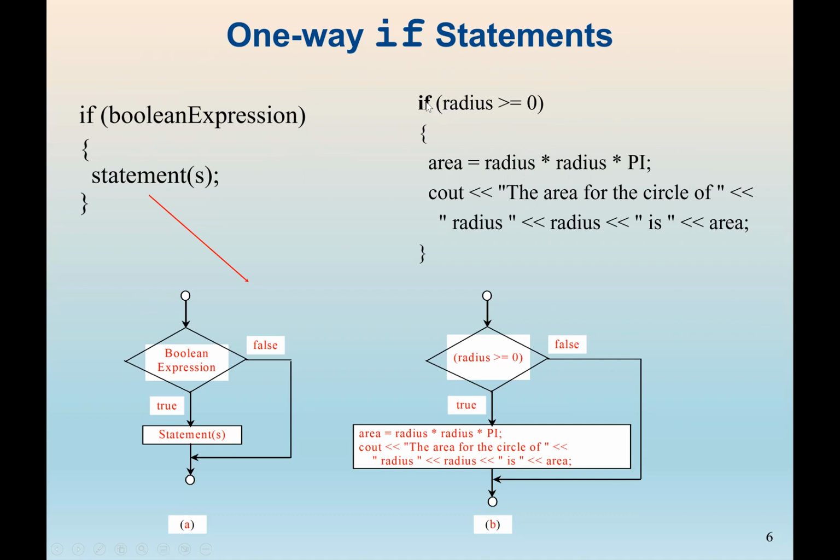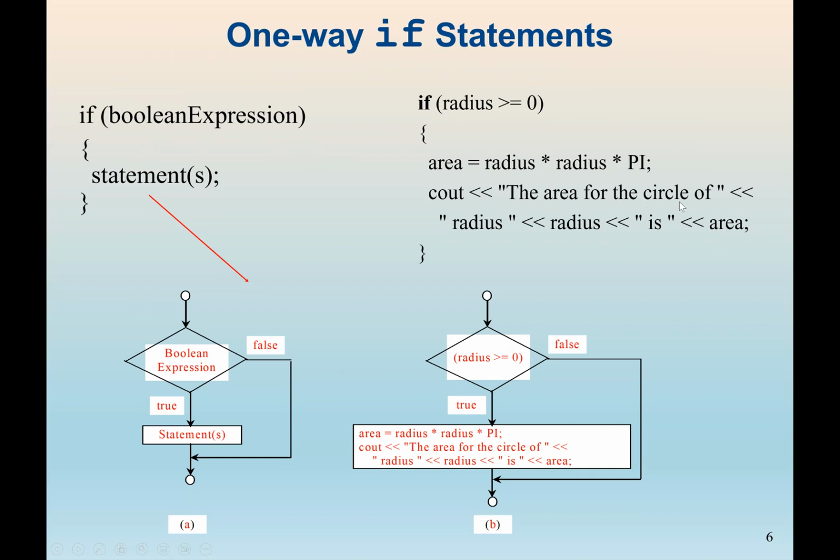So in the example given here, if the radius is greater than or equal to 0, then we are good to go, which means the radius is at least a positive value or at least 0. Here we will say that the area is equal to radius times radius times pi. Then we print the value of the radius.